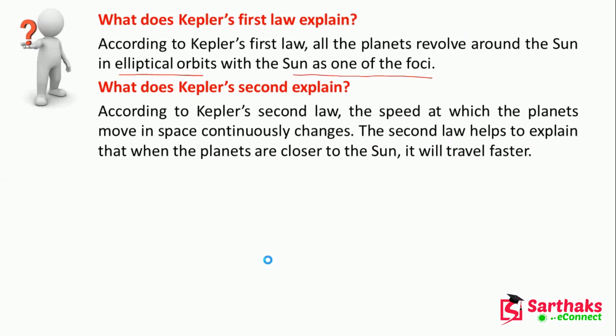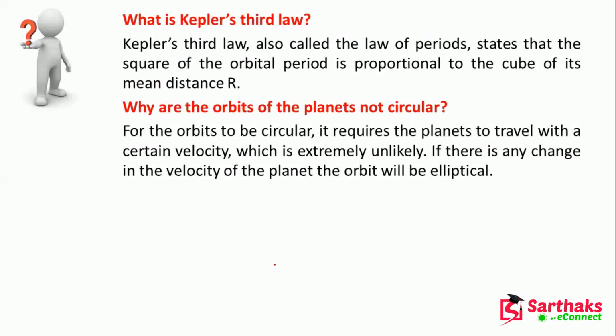of the revolution. Okay. And here, what is Kepler's third law? In the third law, we think about the time period. So here T squared is proportional to R cube. Okay. So Kepler's third law, called the law of periods, states that the square of the orbital period is proportional to the cube of its mean distance R. Okay.